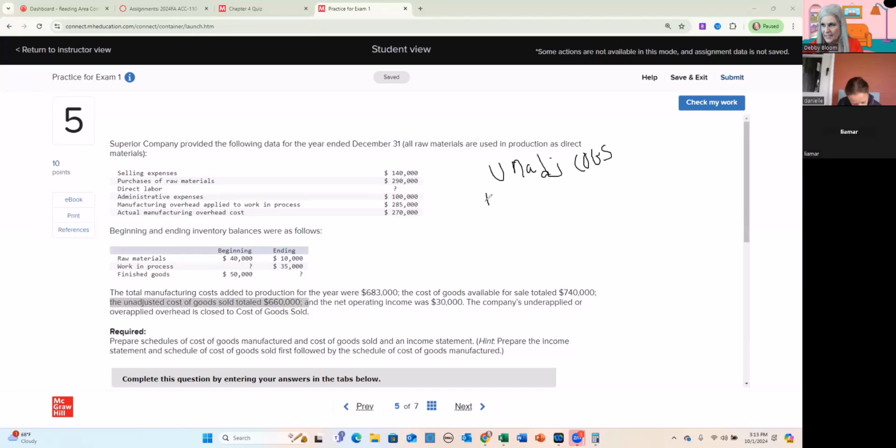Now, if we start off with the unadjusted cost of goods sold, then we either add or subtract the under or over applied overhead to come down to our adjusted cost of goods sold. So I'm going to start off with my 660,000.